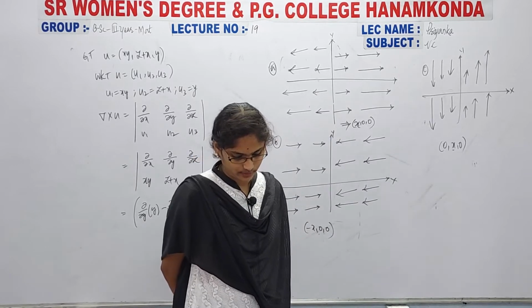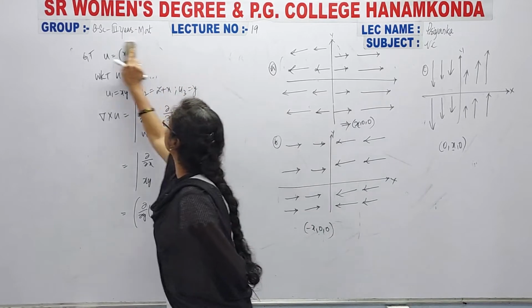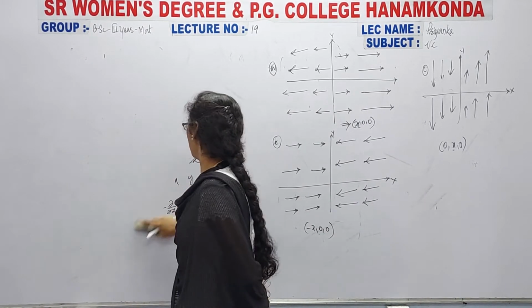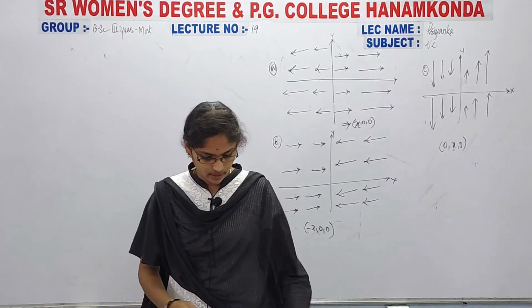Okay, next write down, put a side heading: the relation between curl and rotation. So just write down the formula.